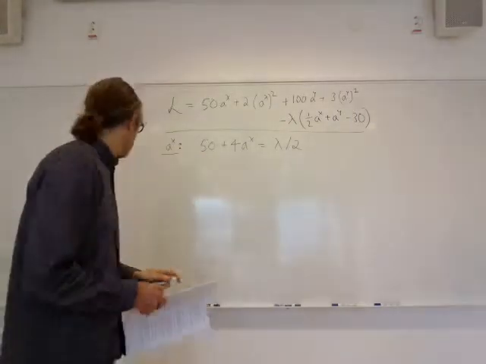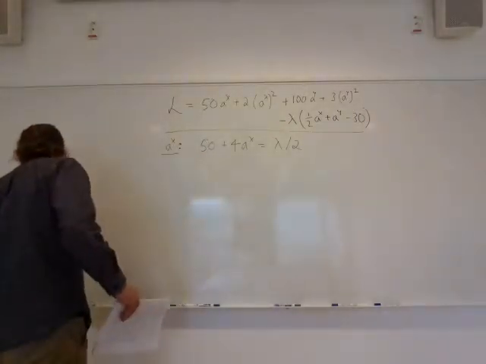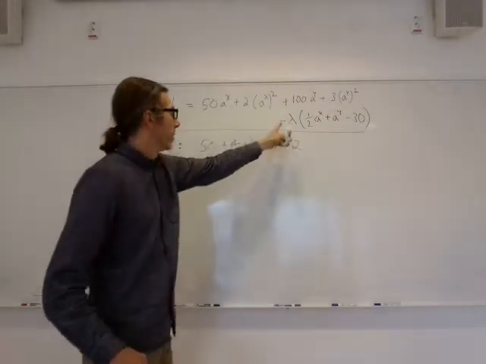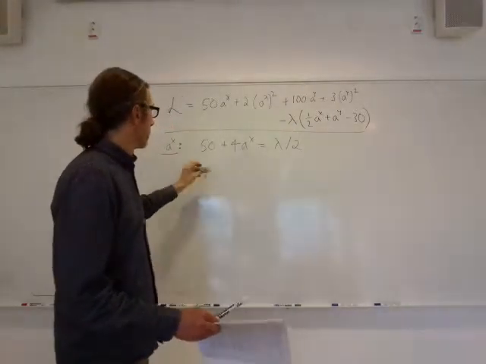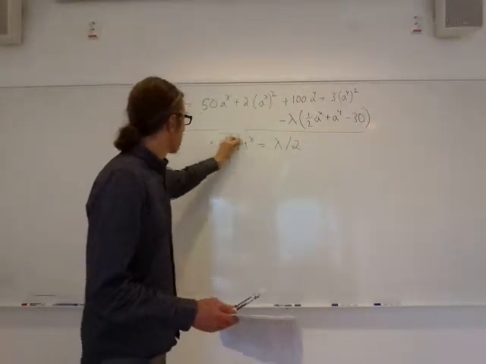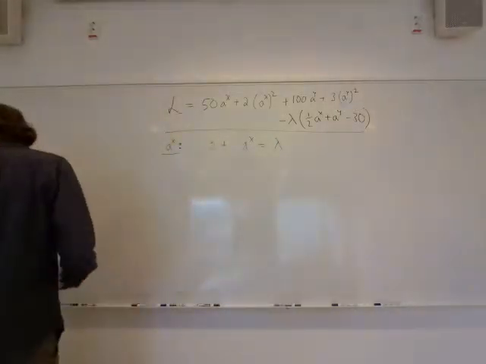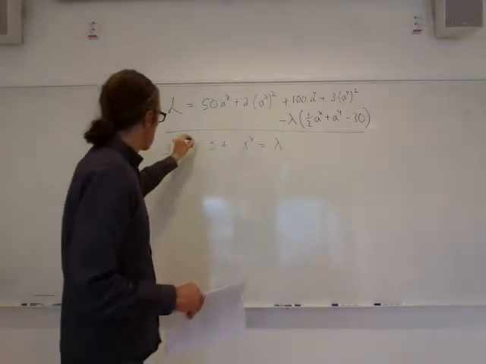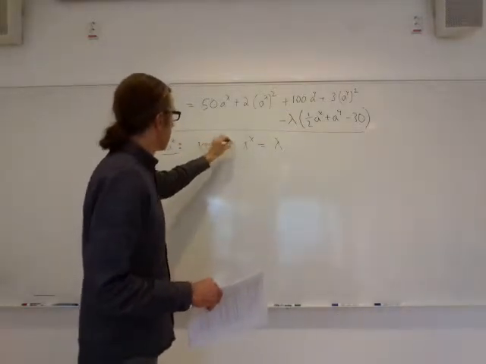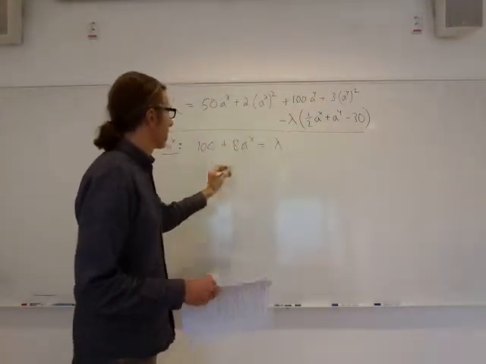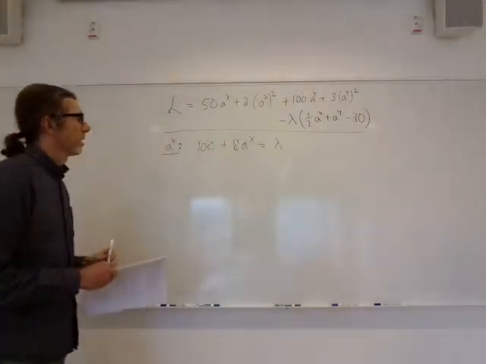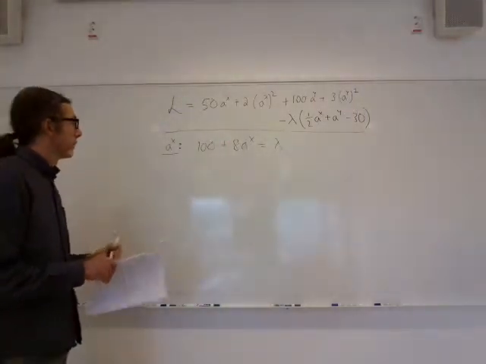And I can already tell the other one is going to have a term in lambda. I'm going to want to get rid of lambda. So why don't I multiply this through by 2? And say 100 plus 8AX equals lambda. I hope I got that right, yeah.